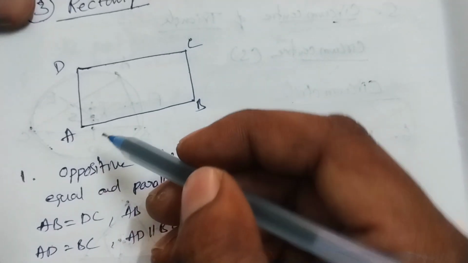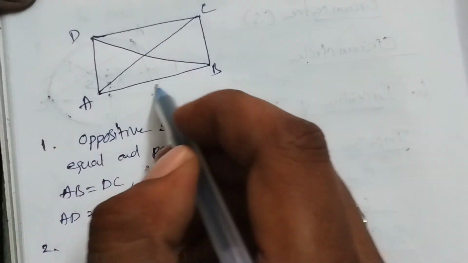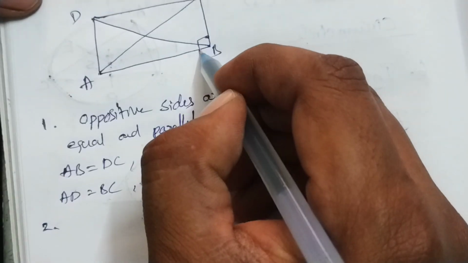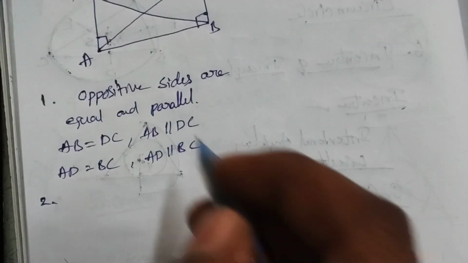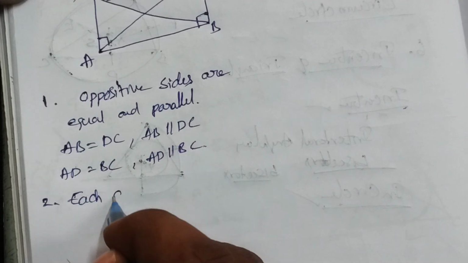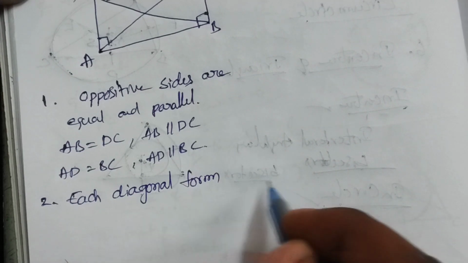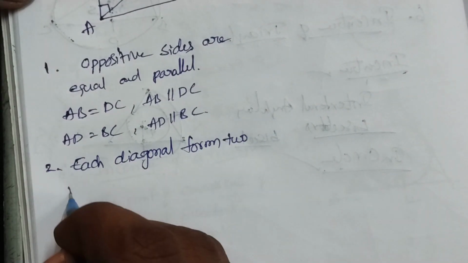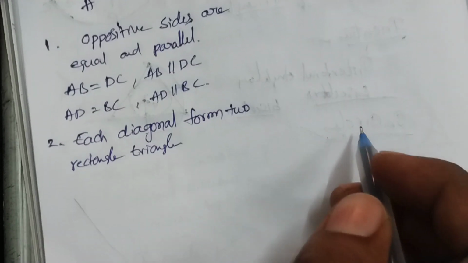Next, coming to the second, diagonals. Here AC is one diagonal and BD is the other. Each diagonal forms two right-angled triangles.